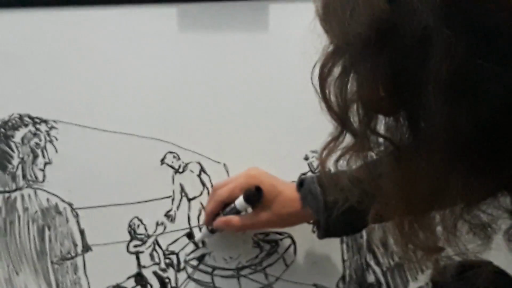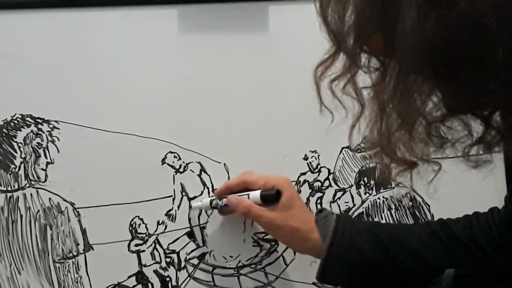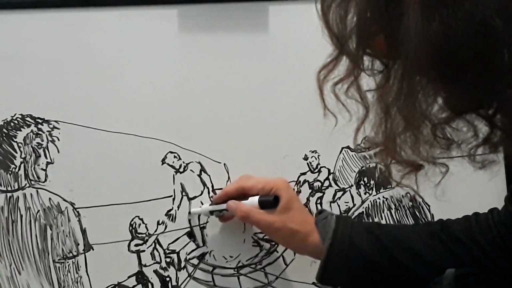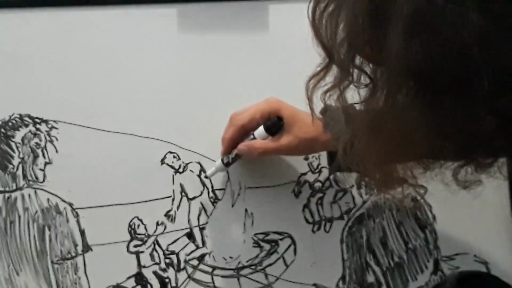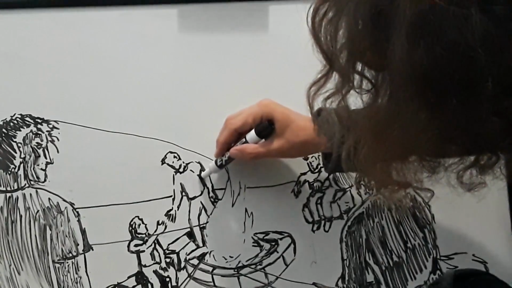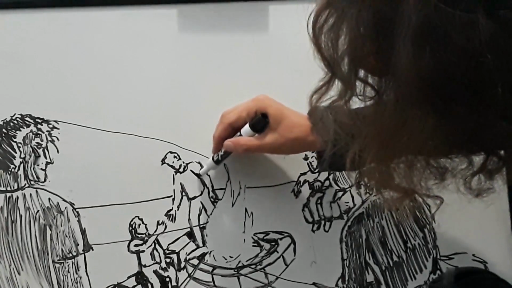So with this guy, same type of deal. Shadows going like that. Maybe the edge of his pants here will have some shadow. And we look at where his arm is, right there.